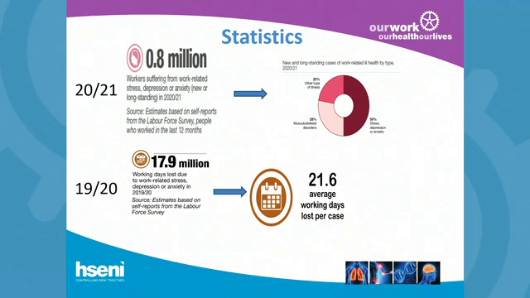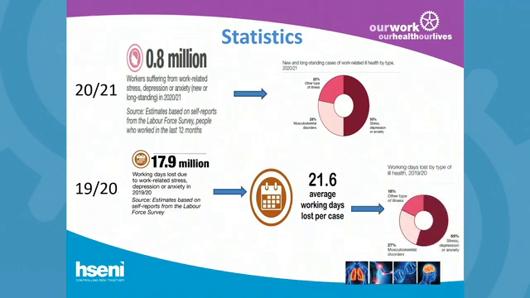Now, think about the implications that might have on your organisation, on your teams, if someone is off for 26.1 working days. And again, 50% of all working days lost due to ill health were also due to work-related stress, anxiety and depression. So I think these statistics speak for themselves and the figures are quite staggering.